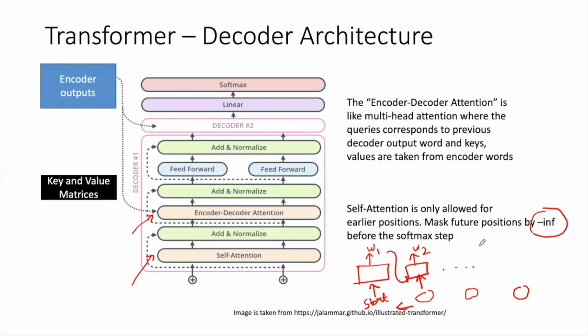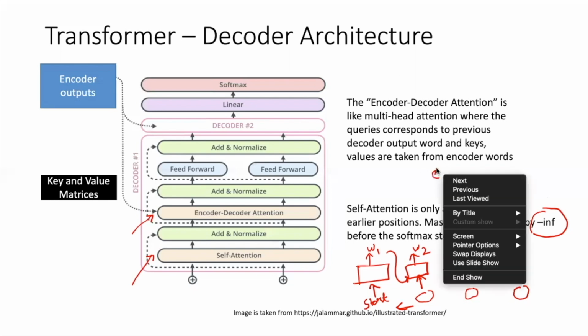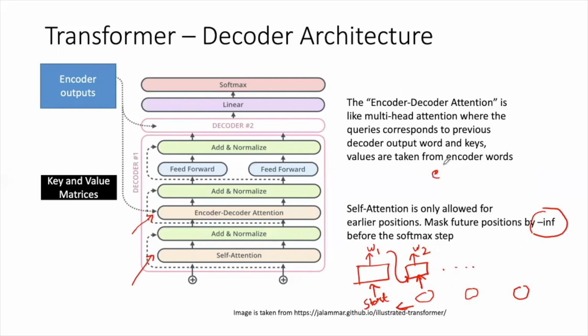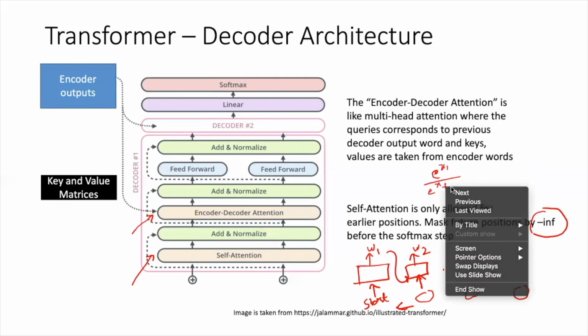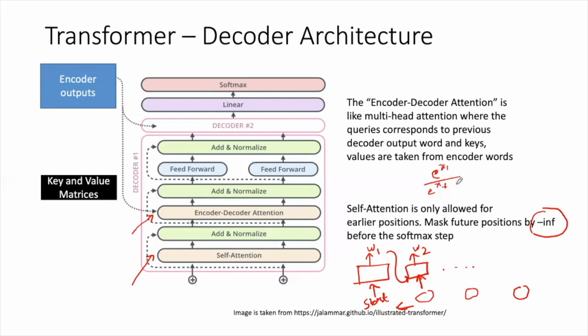Since we assign -infinity, in the process of softmax the scores associated to all the future words turn out to be 0, because typically in a softmax we do e power x1 divided by e power x1 plus e power x2 and so on.